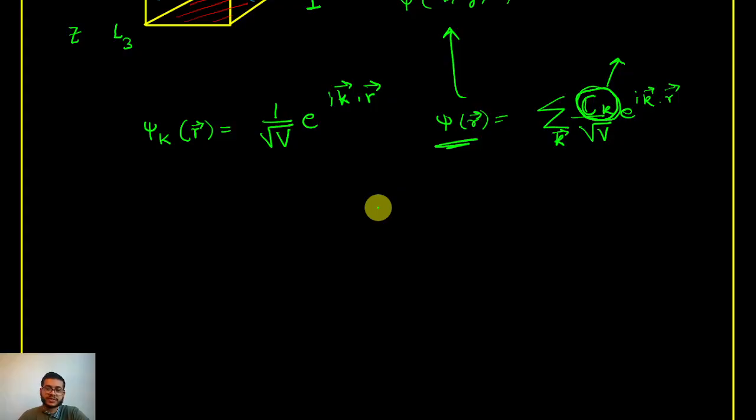If you do a little bit of math and impose this boundary condition on this wave function, what you get is that not all k's are allowed.